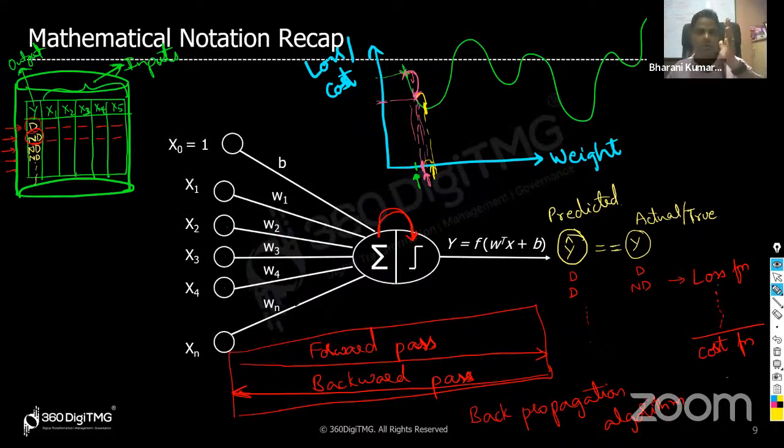Once again, with these new weights, take all of your inputs, move forward, calculate the loss or cost, and then again backpropagate and update the weights. And now, once again, with the new weights, take all of these inputs, do the aggregation, pass it to activation, get the predictions, get loss and cost. And then when you go back and update the weights this time, probably your loss will increase.